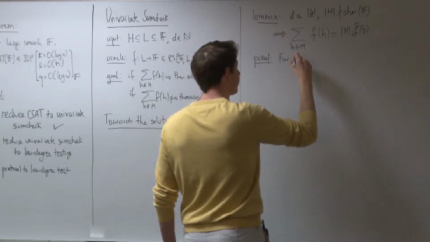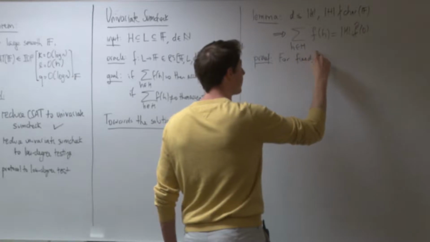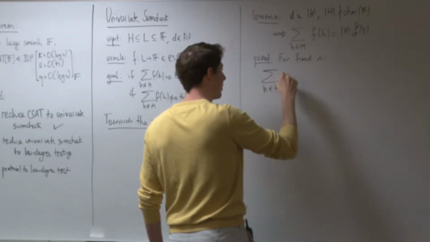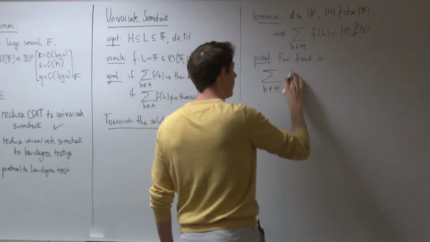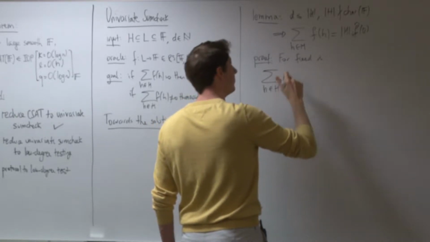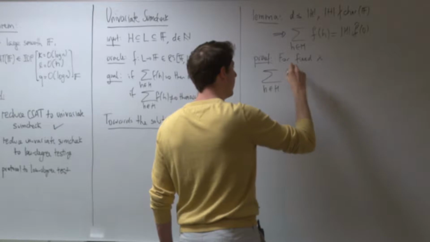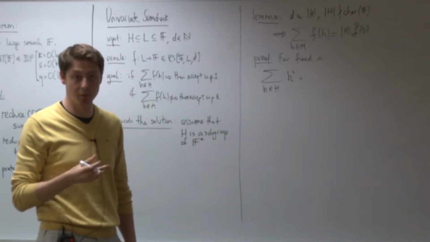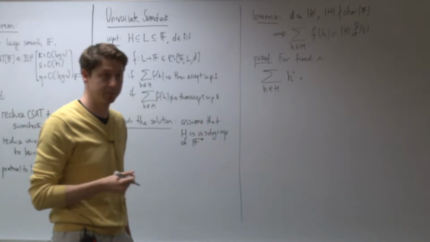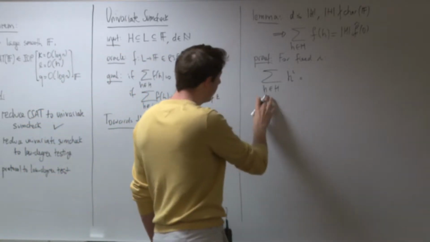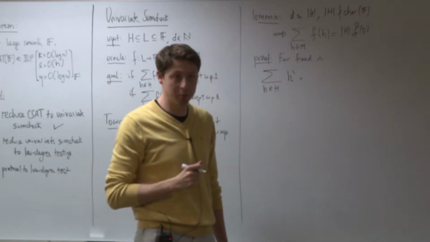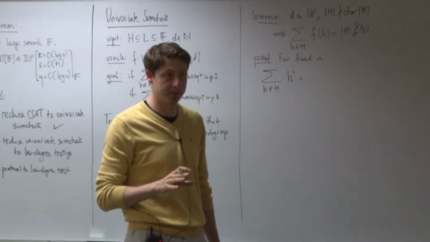For a fixed i, if I sum over h in H of h to the i, that's basically asking what is the sum of the monomial x to the i over H. Now, because H is a multiplicative subgroup of the field, it must be cyclic.